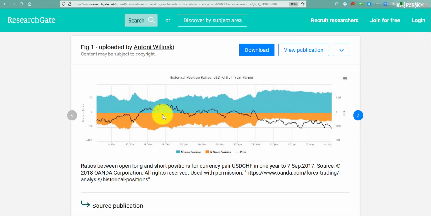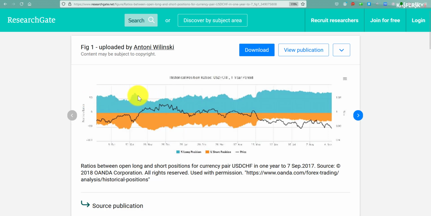All right. So this is the USD Swissy over a year. Let me show you how to interpret this. This is from Oanda, I know from the colors and everything. When over 50% of the traders are long, then it's this blue right here.